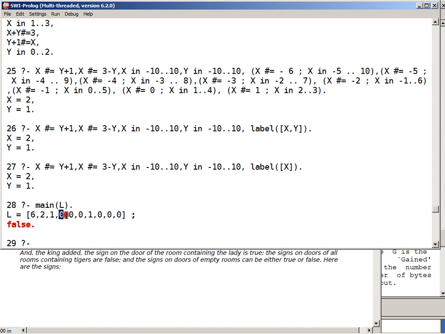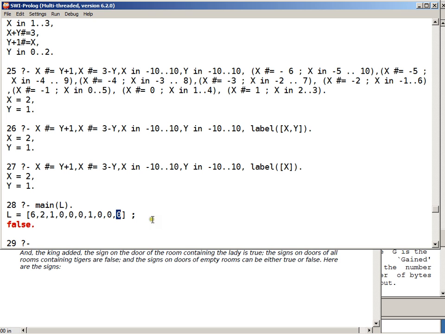This is rank 3. We have 0 3s. This is rank 4, 0 4s. This is rank 5, 0 5s. This is rank 6, 1 6. Rank 7, 0 7s. Rank 8, 0 8s. Rank 9, 0 9s. Is this clear? That this is the solution, right? This is what the problem is asking.